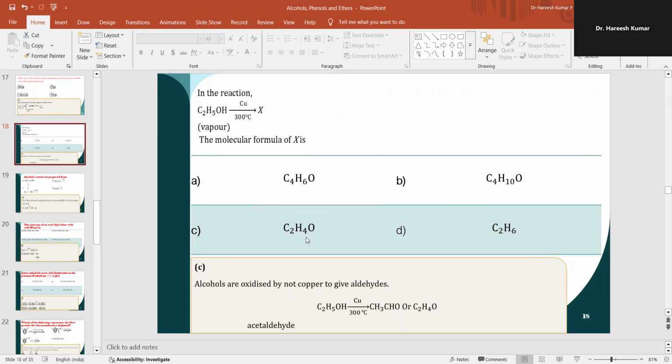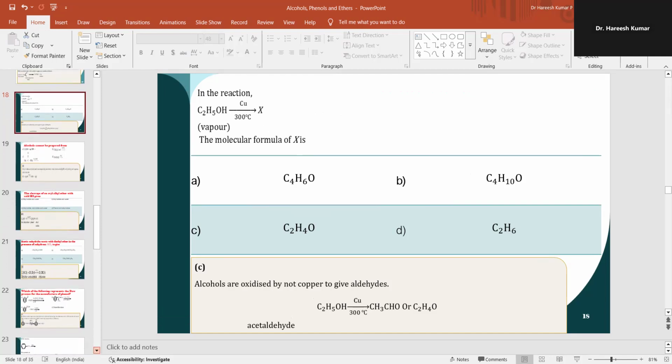Here a molecular formula is given, not the structure. So this molecular formula C2H4O is nothing but acetaldehyde formation. As I mentioned, there will be a loss of H, dehydrogenation, removal of H2 is possible. So that's the reason the product is obtained. So option C will be the answer.